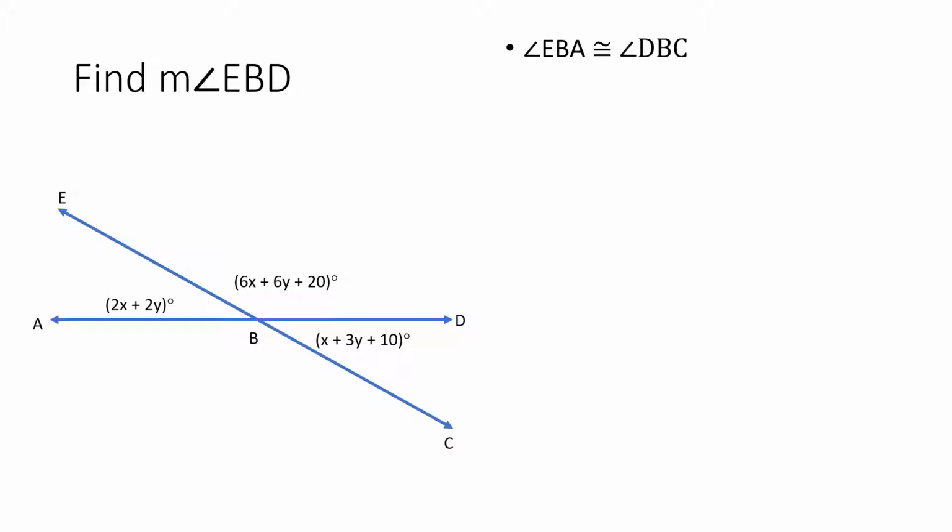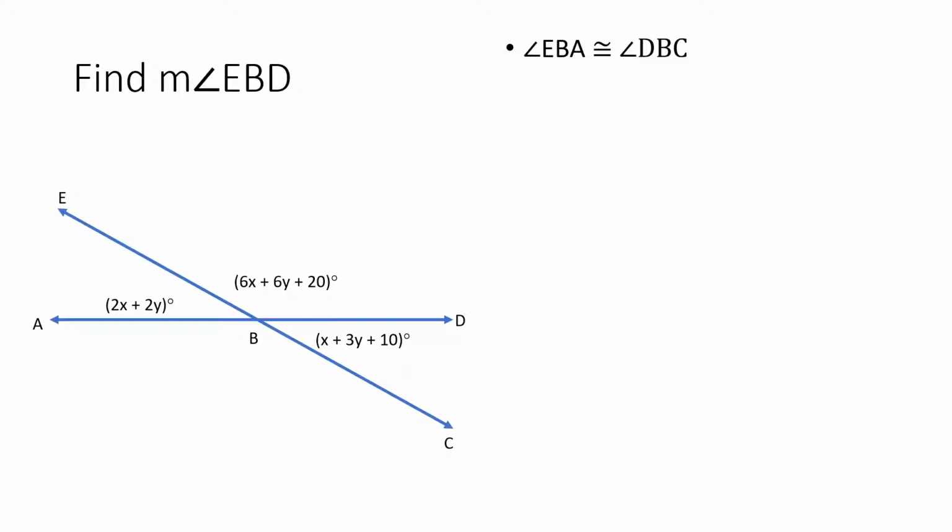One way that you can prove that easily is when you look at angle DBC, you see that when it is added to this big angle, this angle EBD, which is equal to 6x plus 6y plus 20, that forms a straight line, or 180 degrees. Now, when you add angle ABE to that exact same bigger angle, that also equals a straight line.